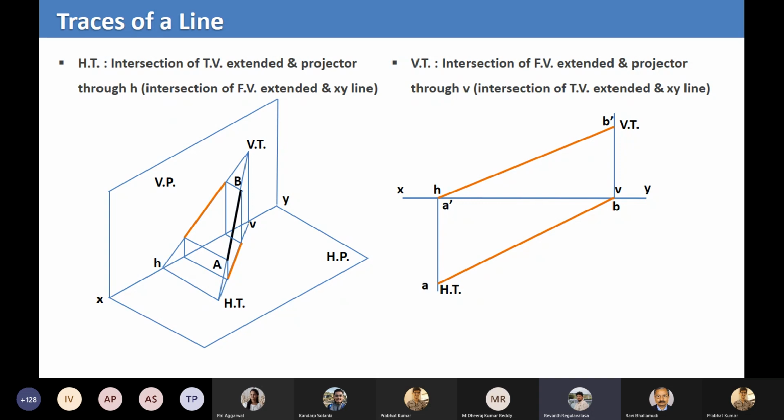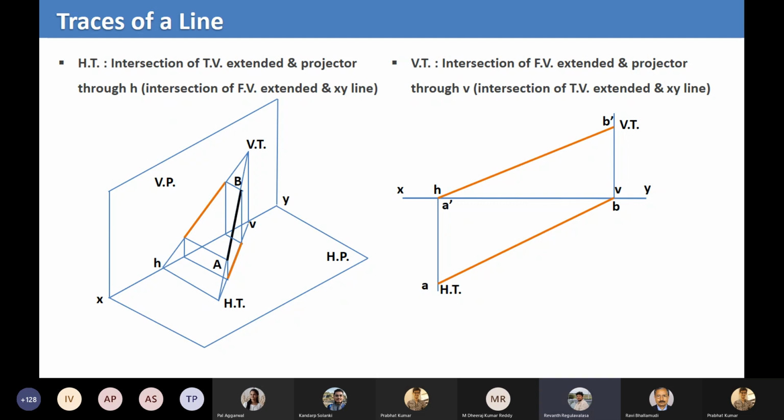When we project the line AB onto the horizontal plane, it will become AB. When this AB is extended and it meets the XY line, that point is small v. So small v is the projection of the vertical trace.